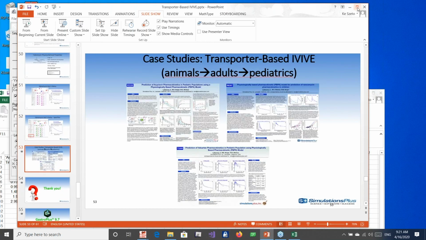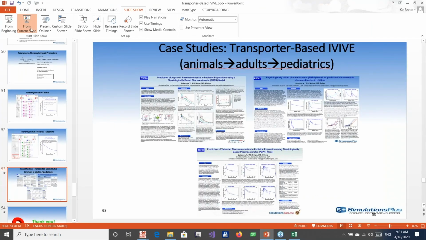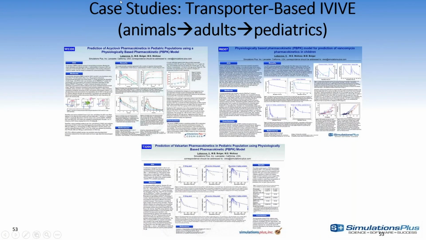For the last few slides, we do have these case studies: transporter-based IVIVE from animals, and then we're able to predict for adults, and then move forward to the pediatric predictions.